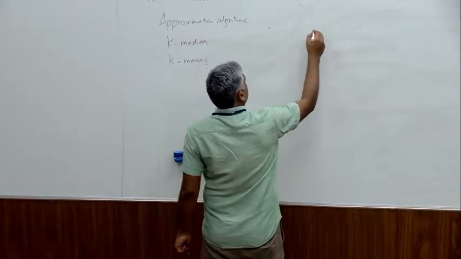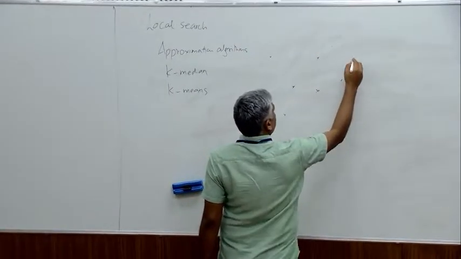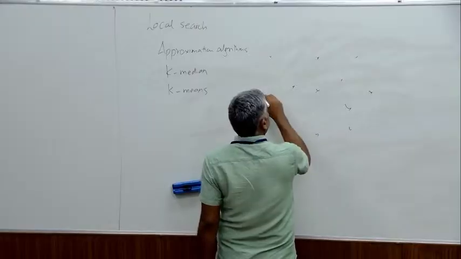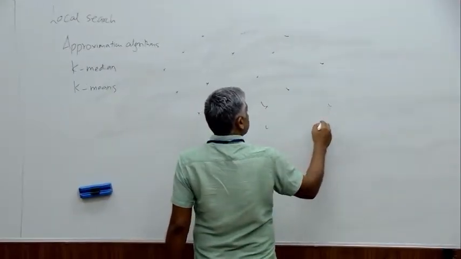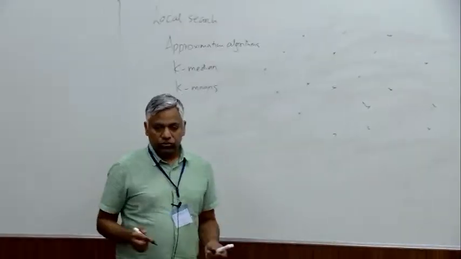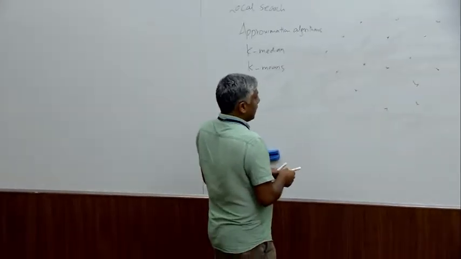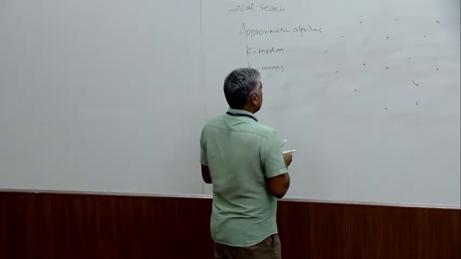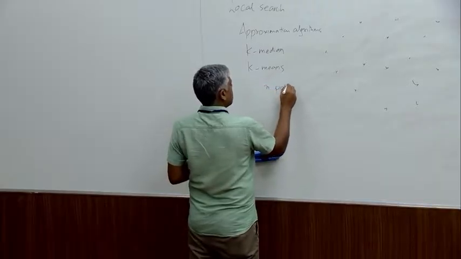So I give you a set of points. It's a clustering problem, right? I'm drawing points in the plane, but this could just be a graph, the vertices of a graph. And I have a distance metric. So n points or clients.